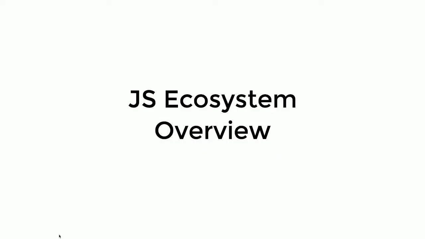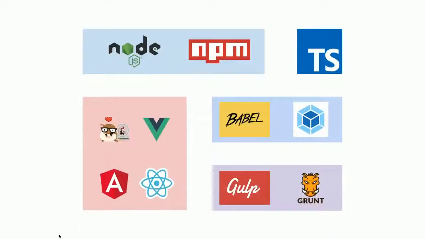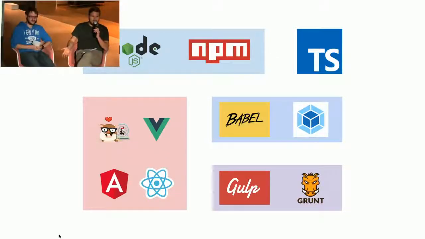Okay. Let's start with a brief overview of what we are going to present today. We clustered it. On the top left, you see Node.js, which is the base of everything, which started JavaScript, or made JavaScript what it is today. And also NPM, which is the package manager for JavaScript.